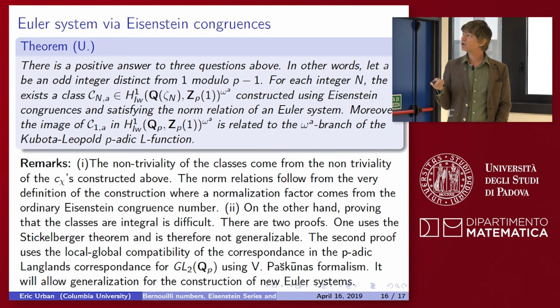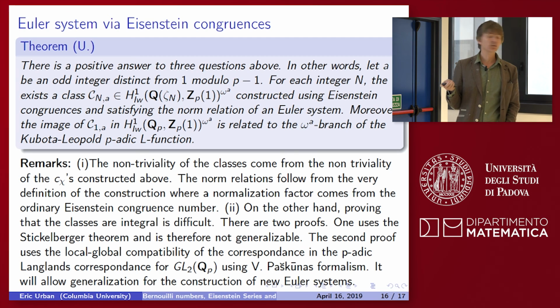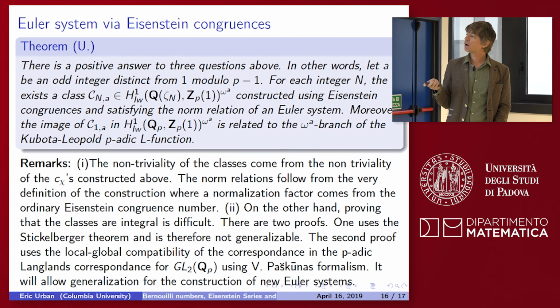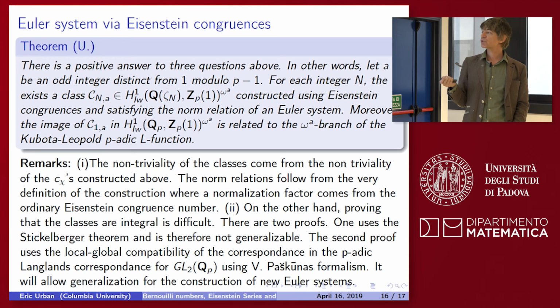If you take an odd integer a between 1 and p minus 1, for each integer n, there is a class Cna in the Iwasawa cohomology of Q(theta_n), where the action of (Z mod pZ) cross is given by the character omega a, constructed using Eisenstein congruences only, and satisfying the norm relation of an Euler system.